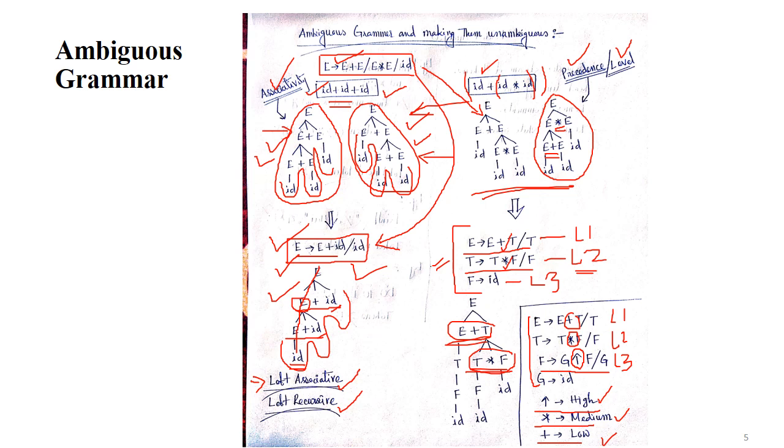And how to follow the precedence rule? By maintaining levels. If you place your highest precedence operator in the higher level, then you will be able to generate that operator first in your parse tree.